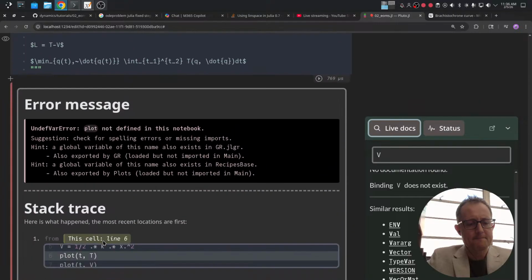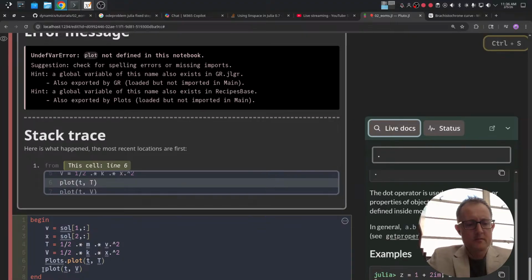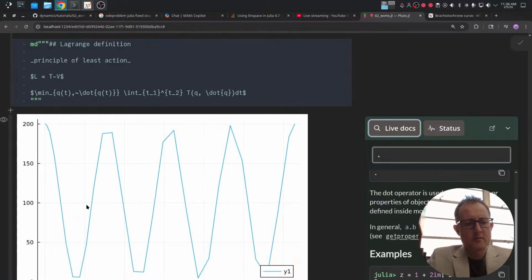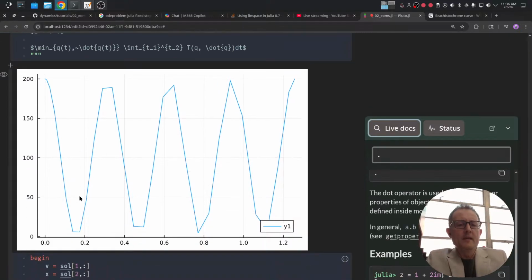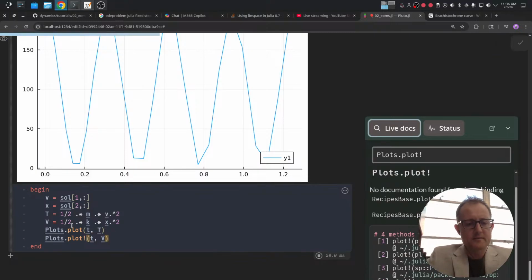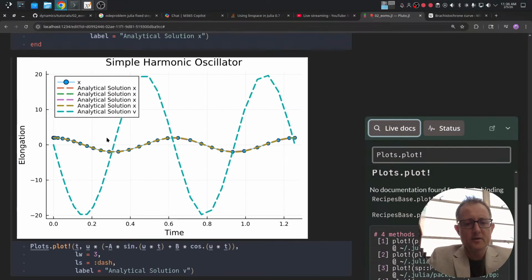Plots dot plot. And I can make this curve a little smoother, but yeah, why am I, oh yeah, it would help if I do this. So there's my kinetic energy and my potential energy.